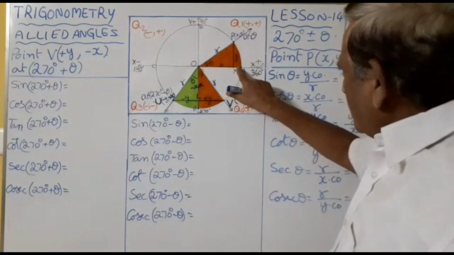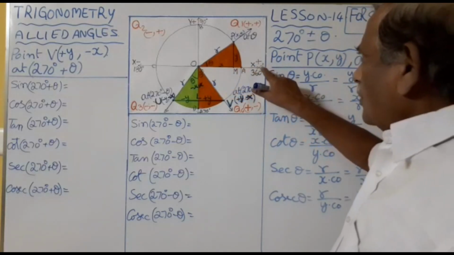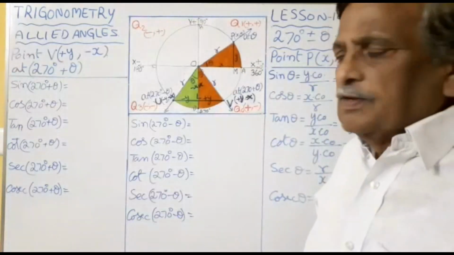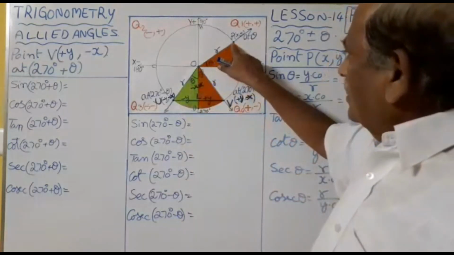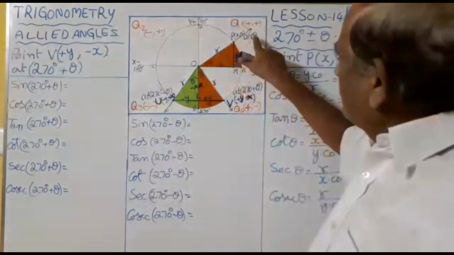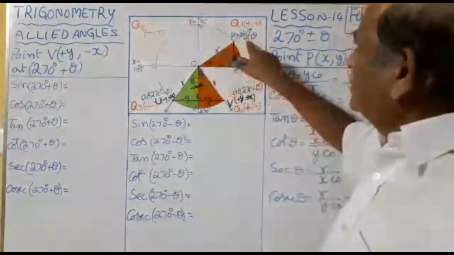Let OA be along the x-axis, and therefore it is at 0 degrees. OP is another ray which is at theta angle, since the central angle is theta.